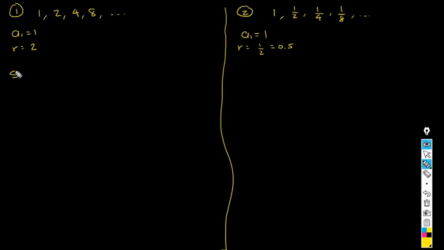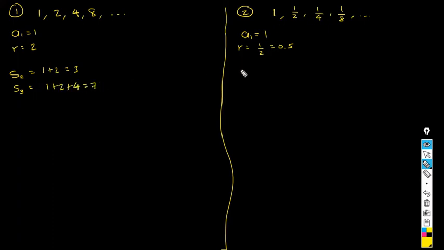The series, or the sum of the first two terms for this particular sequence, is 1 plus 2, which is 3, and the sum of the first three terms of this sequence is 1 plus 2 plus 4, which is 7.